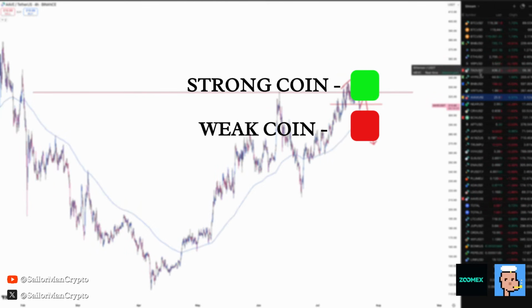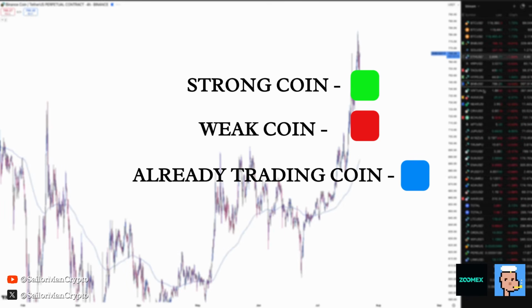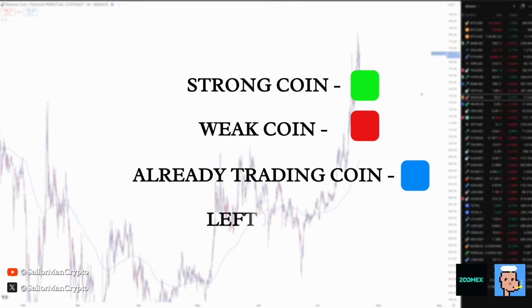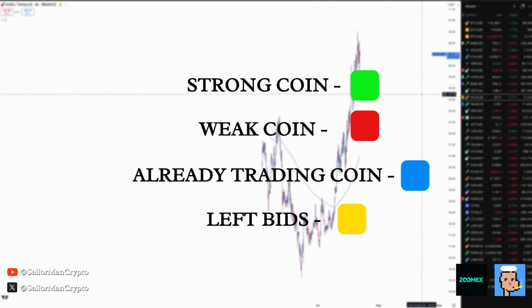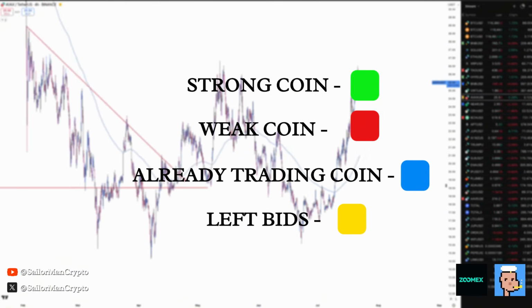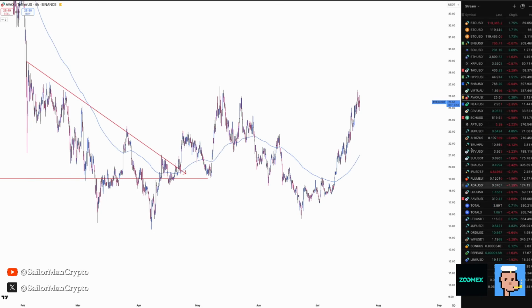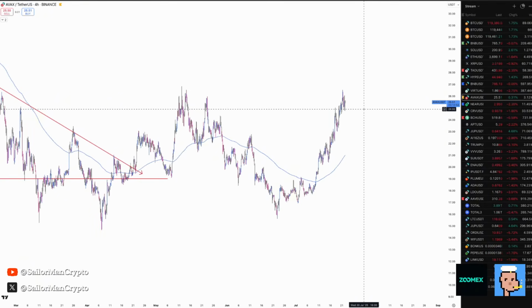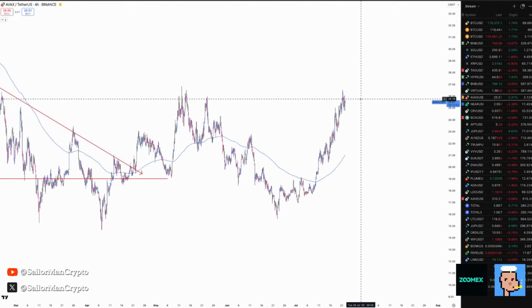This means the green ones are interesting for long, the red ones are interesting for short. The blue coins are coins that you are already trading. I'm just using these colors as an example. Yellow coins are coins that you are not just monitoring, but on which you have left bids. So you can check weekly all the interesting coins you have without scrolling through your timeline again, and develop a plan accordingly.